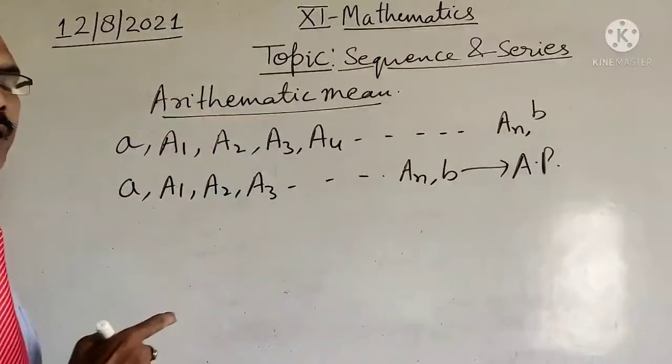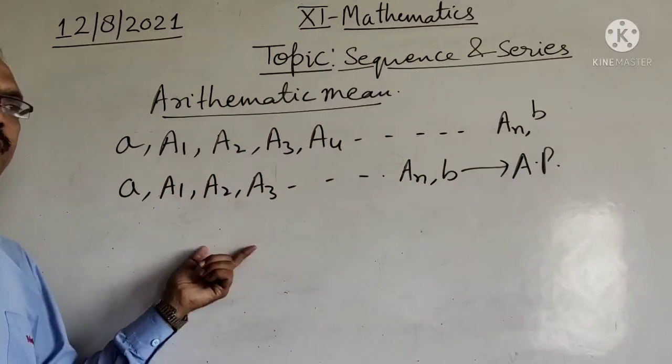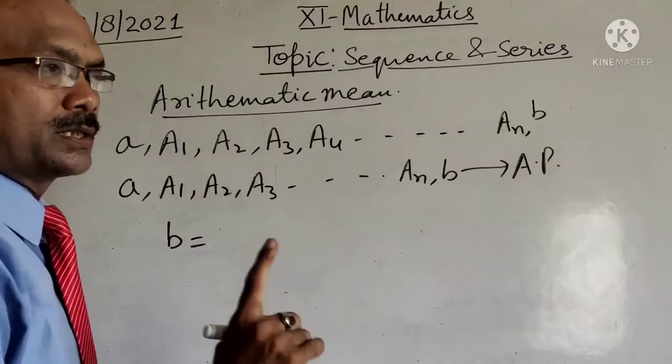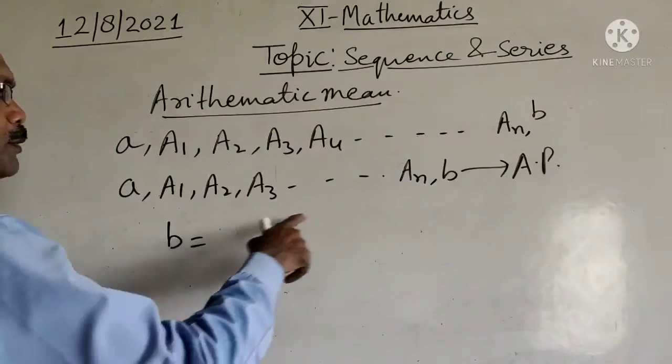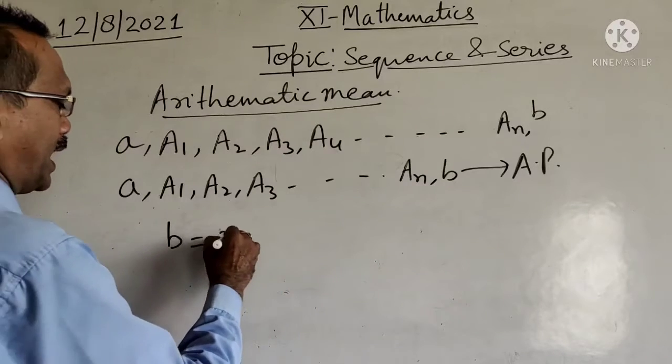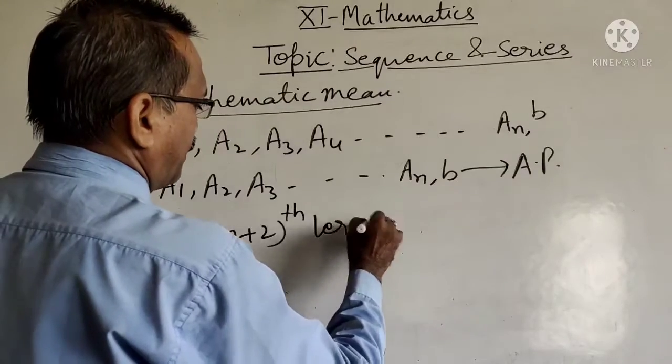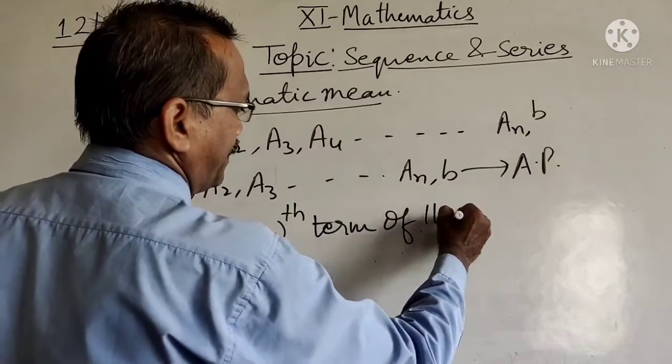Then B becomes the (n plus 2)th term. Position of B is the (n plus 2)th term of the AP.